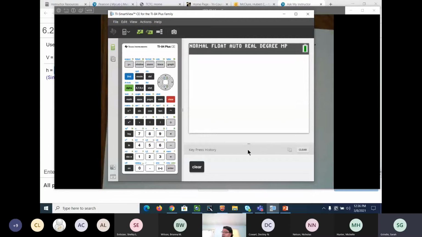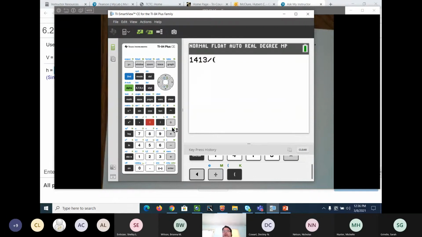We need 3.14. So 1413 divided by 25 times 3.14, and then close parentheses. And you notice I'm using a calculator, so that means you should be using one too.